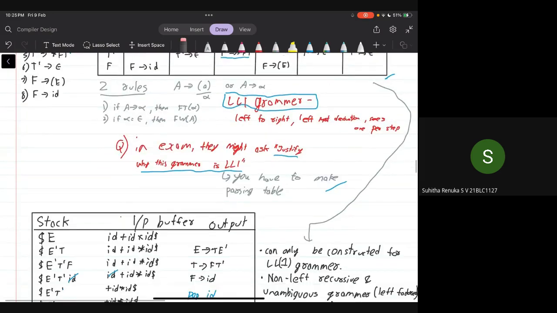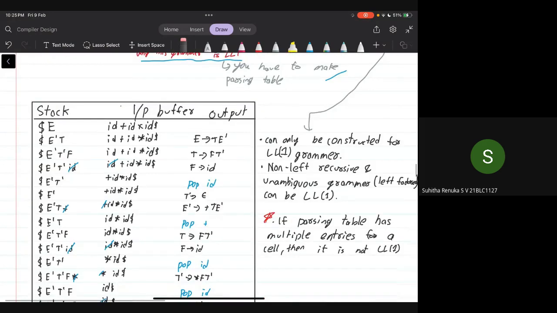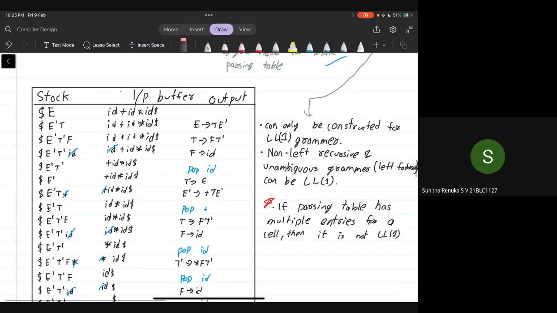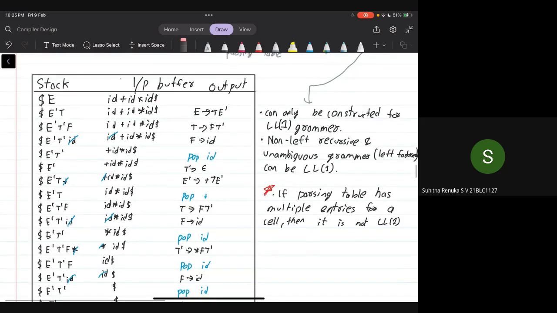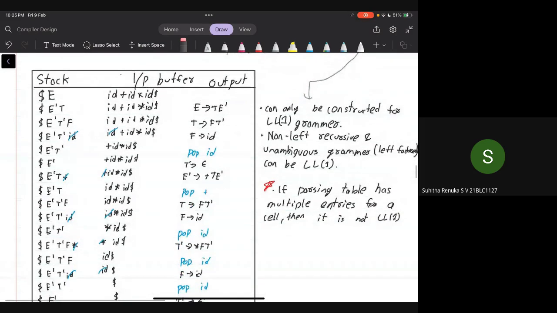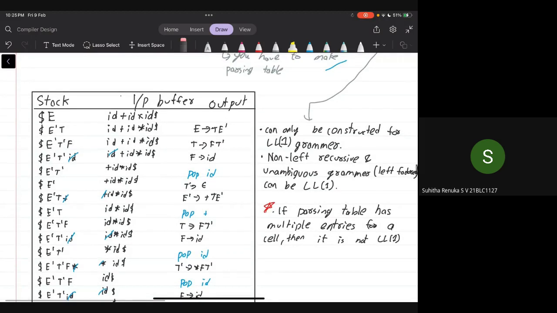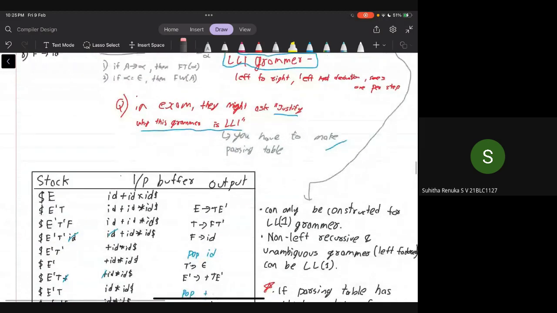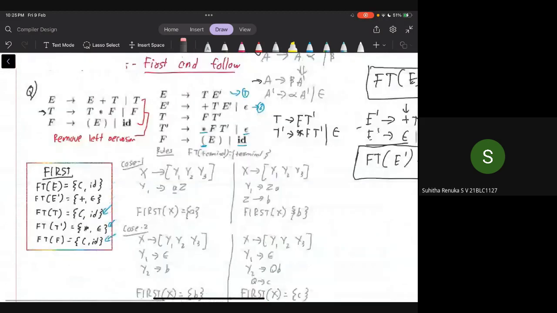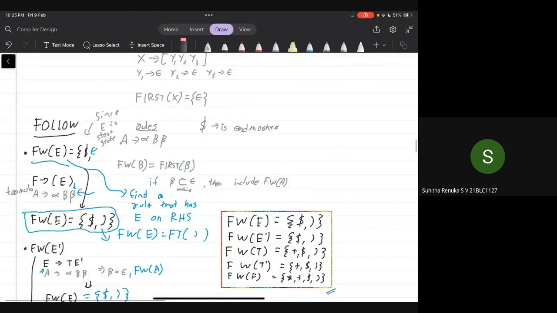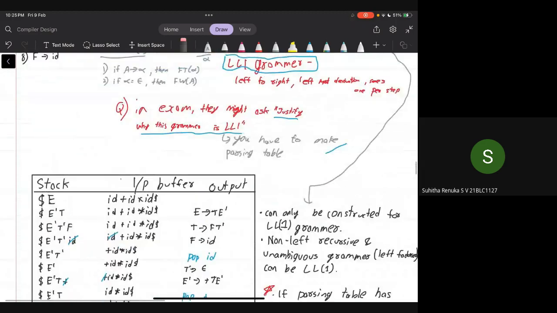Done. Now you come to the last step, which is to parse the input string. In this question, the input string is id plus id into id.